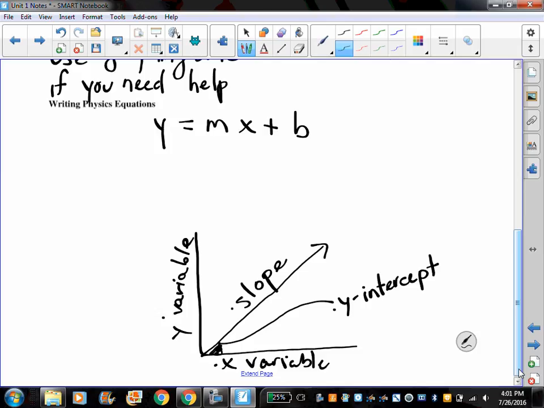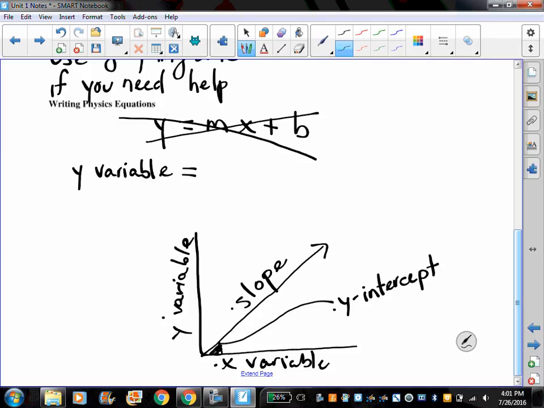And you will not just substitute it right in. We're not going to do y equals mx plus b, or at least not quite. It's going to look like y equals mx plus b, but instead of writing y, I want you to write whatever you put on your y-axis. So your y variable is going to take the place of just plain old y.